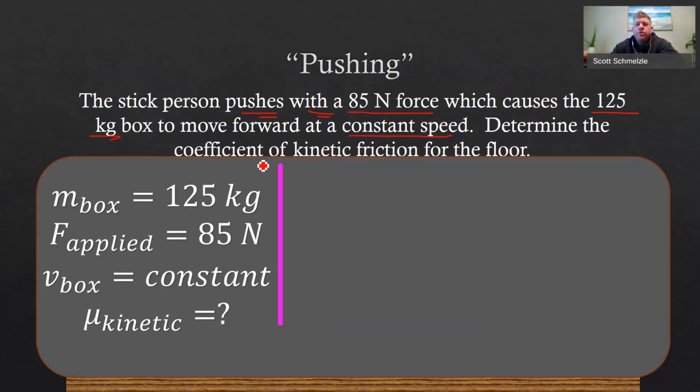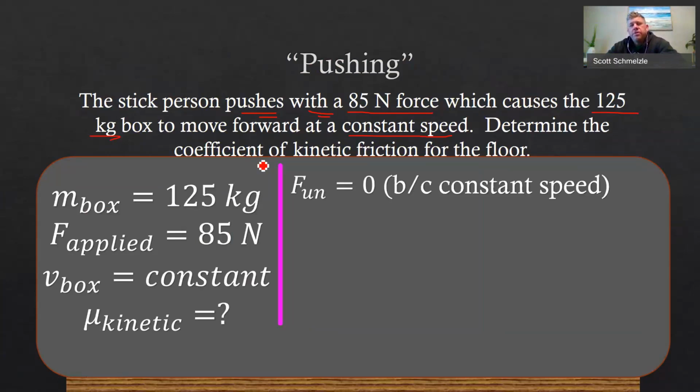When we look at this, our F net is going to be zero, because we're going at a constant speed, which means no acceleration. It's just like when we barely get an object to move, its F net is also zero. So this point on our equation is going to be zero.